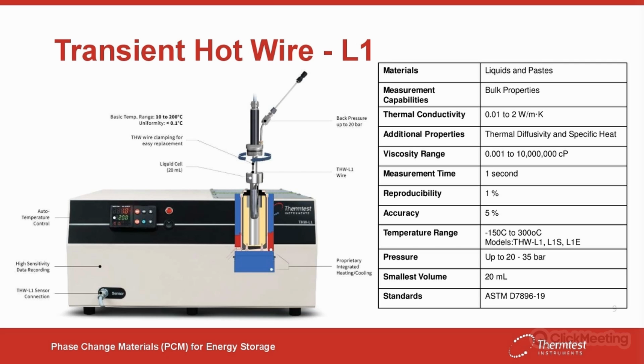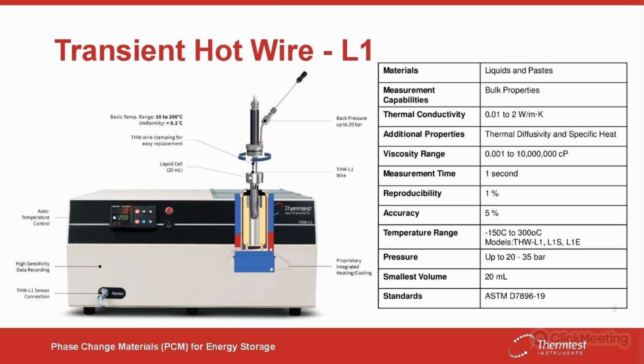There are 3 different models. The THW L1 that has a temperature range from 10 to 200 degrees, and pressures up to 20 bar. The THW L1S from -50 to 200 degrees, again for pressures up to 20 bar.